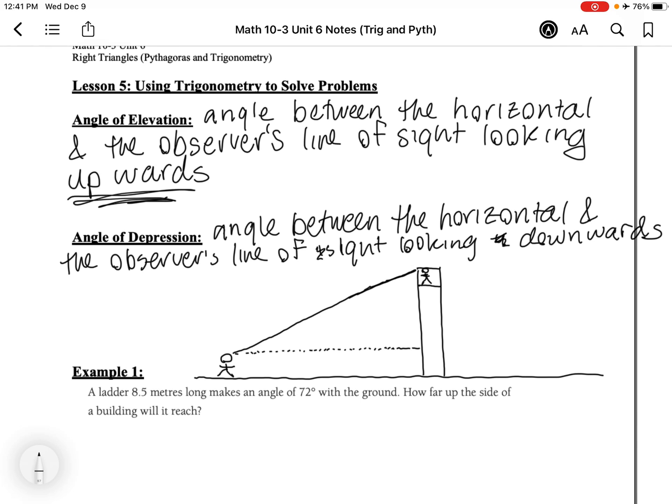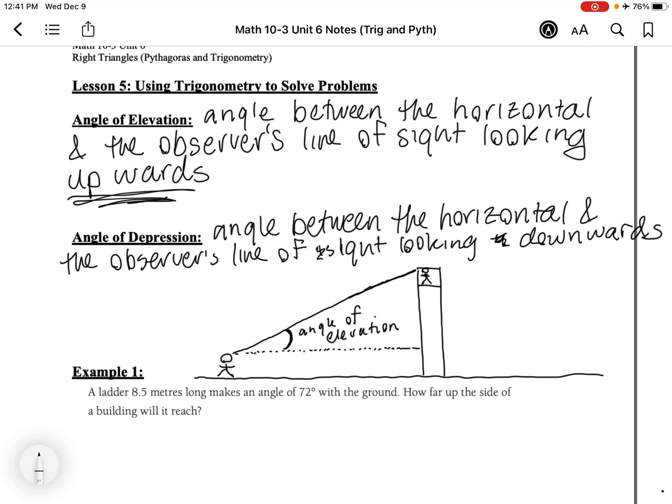And it's the angle between the horizontal and the person's line of sight. That's right here. Okay, this is the angle of elevation.